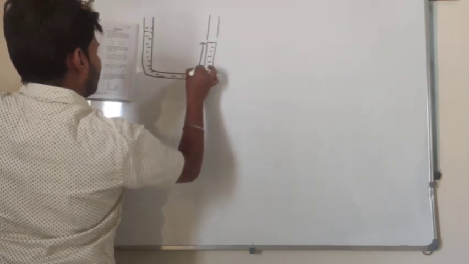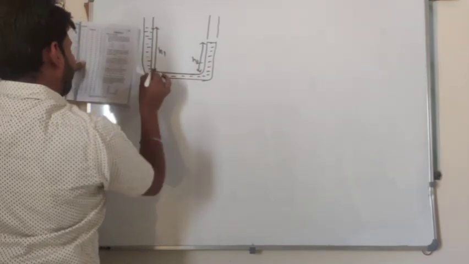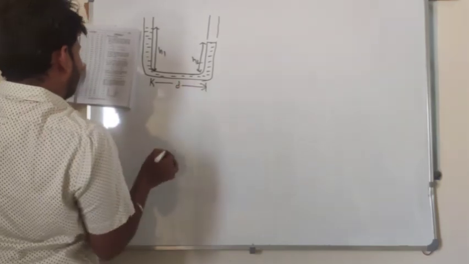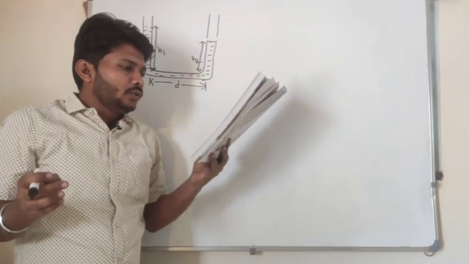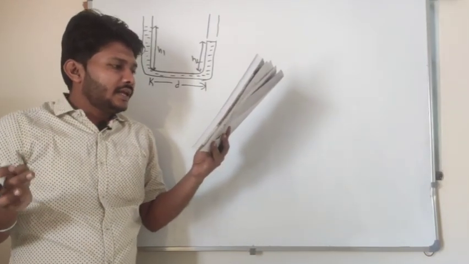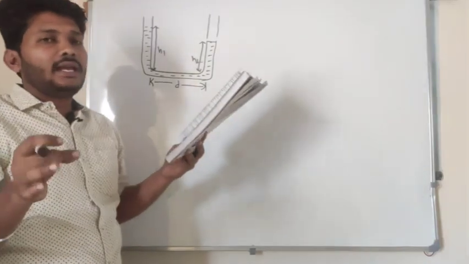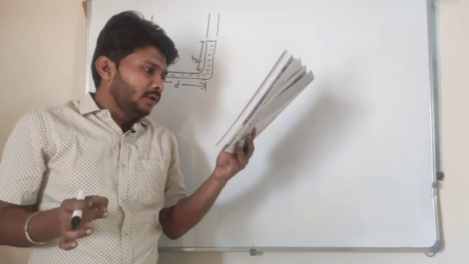This height let it be H2 and this height is H1, and the distance between these two vertical tubes is capital D. The U tube of uniform cross sectional area capital A is accelerated with an acceleration small a.